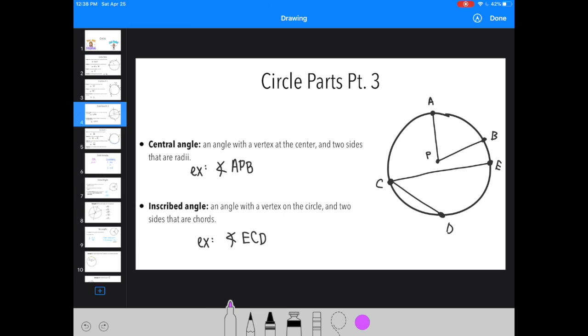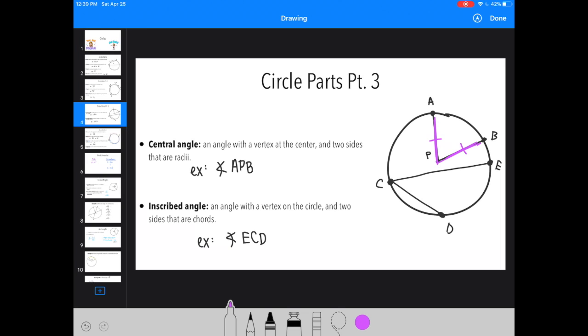Okay. A central angle. A central angle is going to be an angle with a vertex at the center and 2 sides that are radii. So right here, this is a radius, as well as this is a radius. And because those are both radii, they are congruent because they meet in the center at point P. And it forms a central angle.